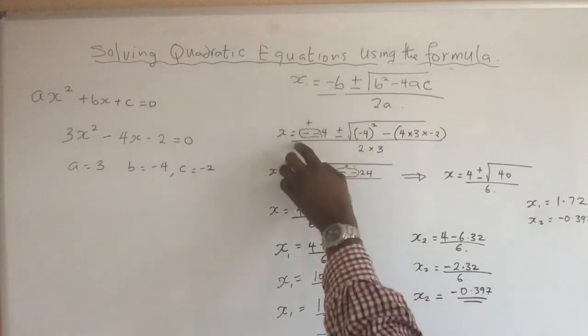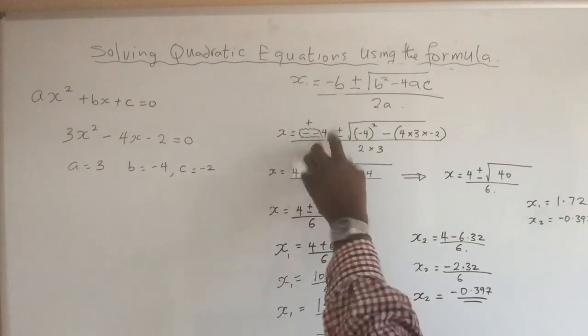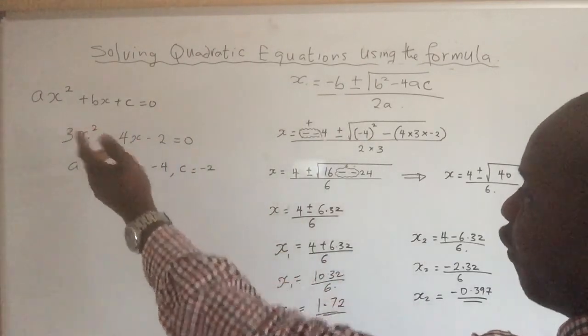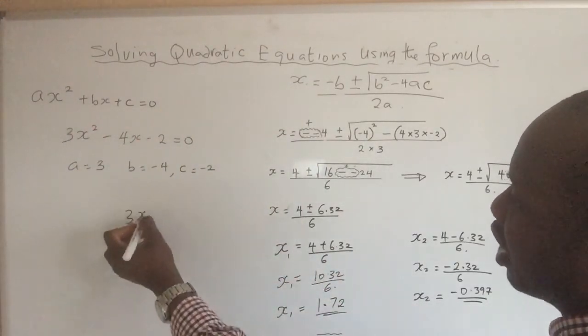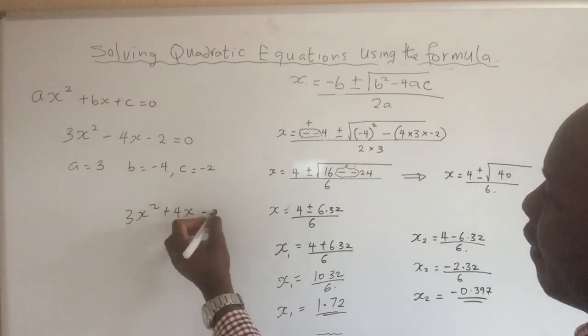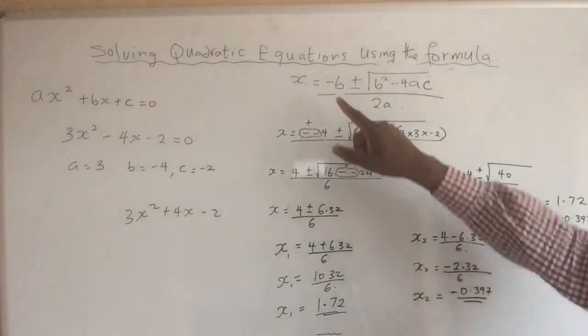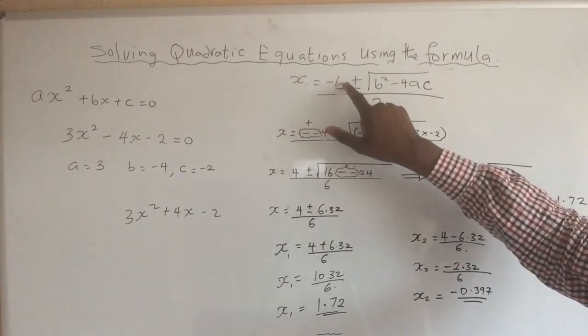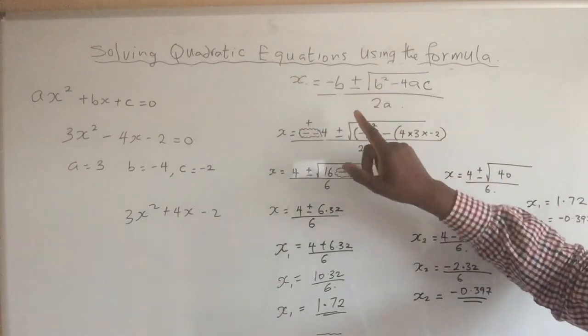So negative, negative 4. Now, if b was a positive number, say for example plus 4, so if the question was 3x squared plus 4x minus 2, then all you're going to have here is the negative and 4. So be careful.